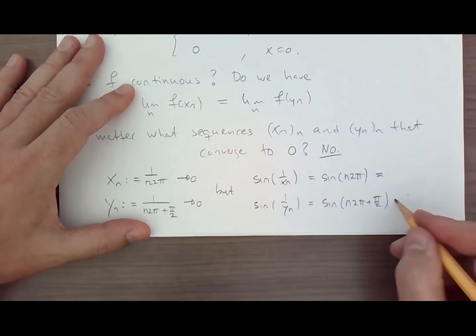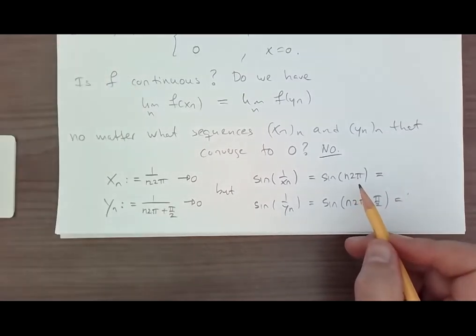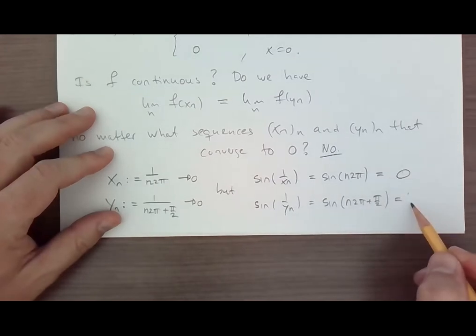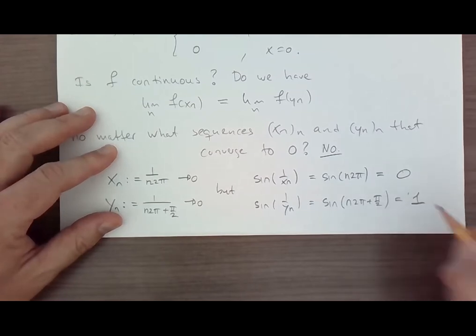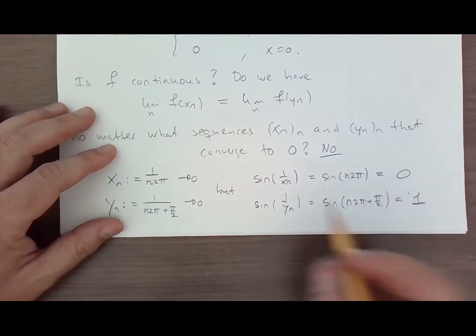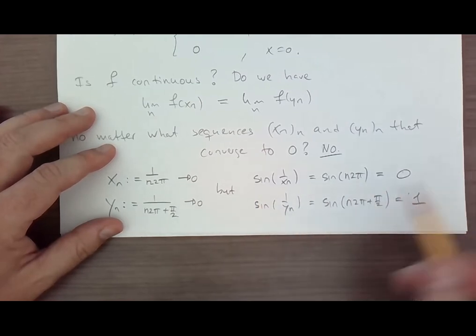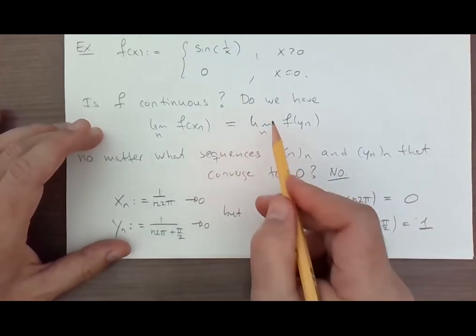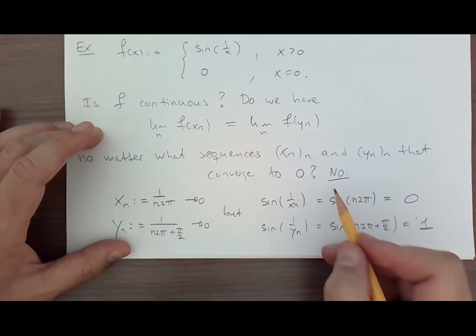What does the first one equal? The first one is 0. The second one is, this is the one I always mess up, a 1. So when I take the limit of a bunch of zeros, I get 0. I take the limit of a bunch of 1s, I get 1. These are not the same, so it's not continuous. And Fernando was right. This is not true.